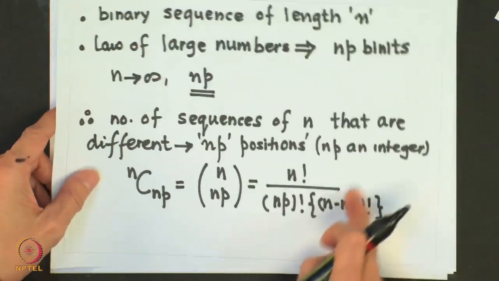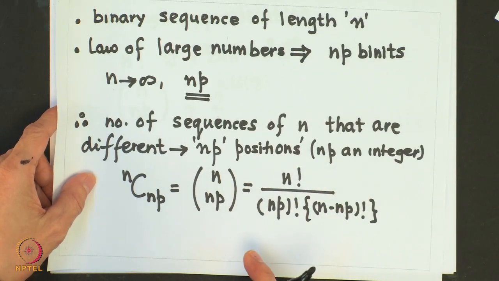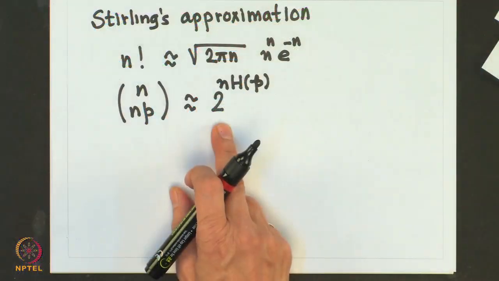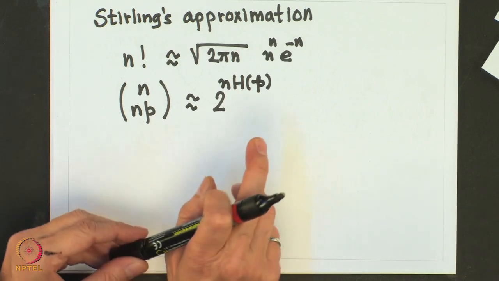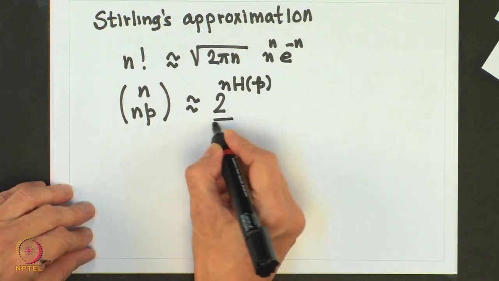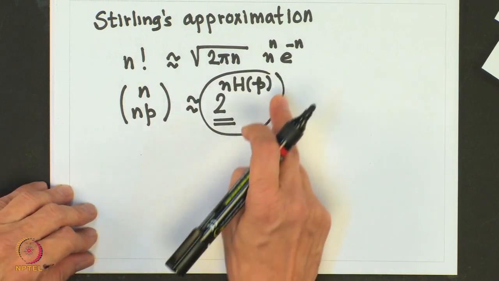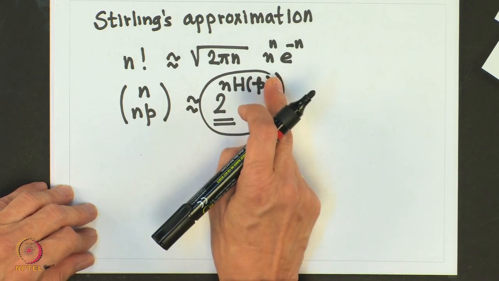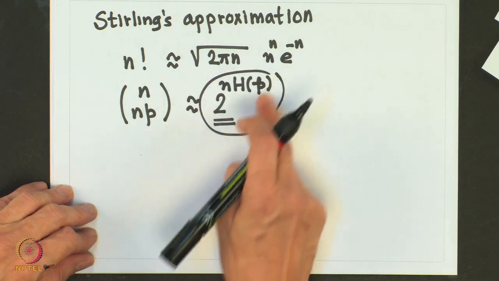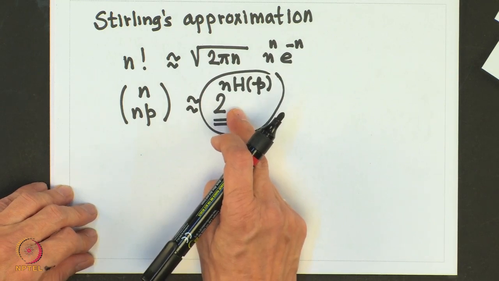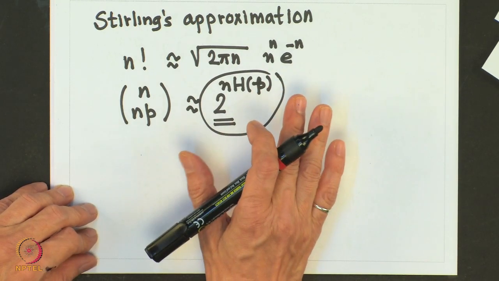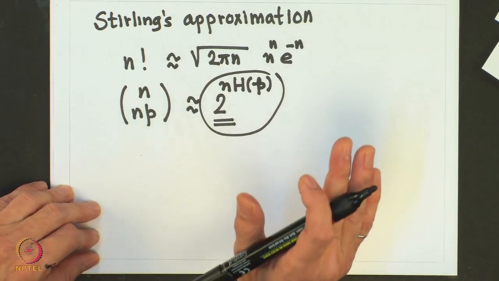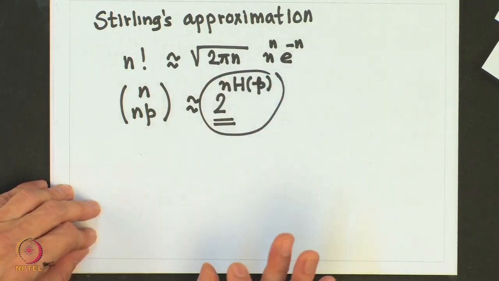So, this number of combinations can be reduced approximately to this formula, correct. We will not go into the proof of this. Okay. So, this means that when any sequence of length n is transmitted, it is highly probable that one of this number of sequences will be received, which will be different from the transmitted sequence in np positions, correct.